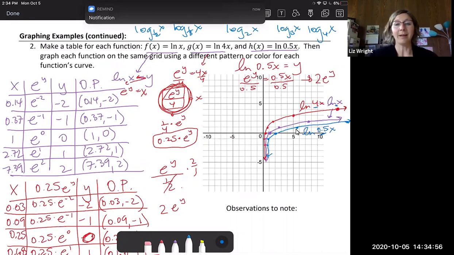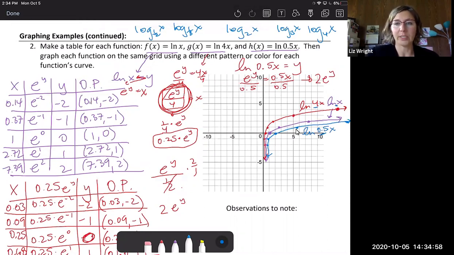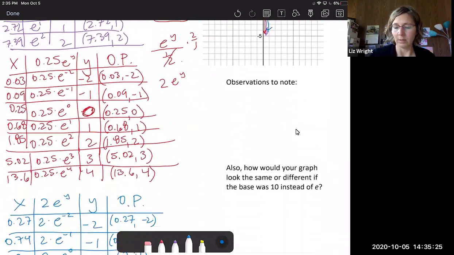One, none of the graphs intersected at a particular point on this one. Like all the other graphs, they've always intersected at 0, 1 or 1, 0. That's not true on this one. Other things I'm noticing is that they are nesting inside each other. They look almost like the exact same curve, but they're growing at a different rate. So we're going to fill in some of those things. And the base e remains the same, our base didn't change at all on those.